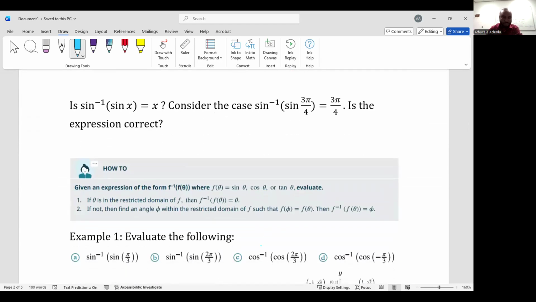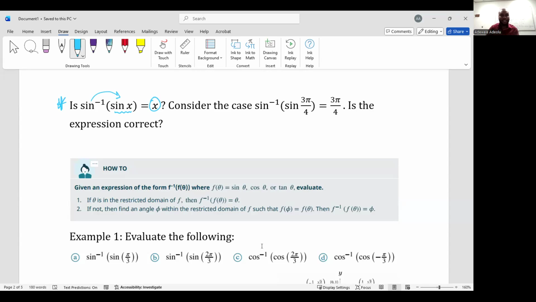Here is a question. Is sine inverse of sine of x equal to x? Let us see. Whatever we are getting here is going to be a ratio, and when sine inverse acts on a ratio, we get an angle. That will not always be true. Why?